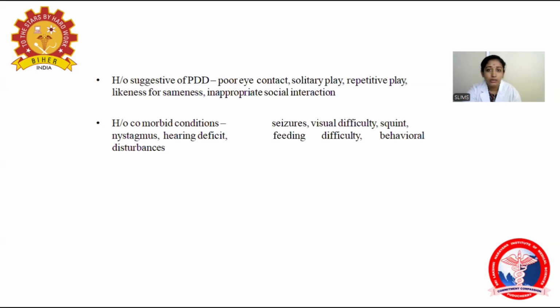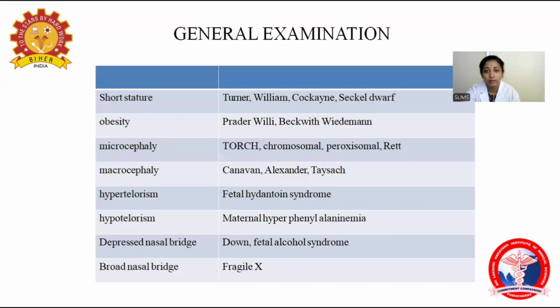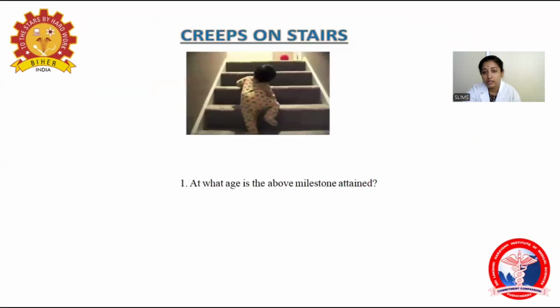Also consider asking about autism spectrum disorders, which can present as poor eye contact, solitary play, repetitive play, liking for sameness, and inappropriate social interaction. Rule out comorbid conditions like seizures, vision difficulties, squint and nystagmus, hearing deficit, feeding difficulty, and behavioral disturbances, and perform a detailed examination.